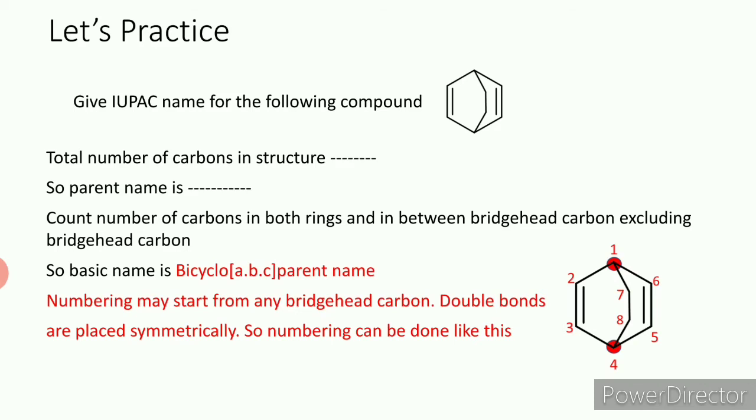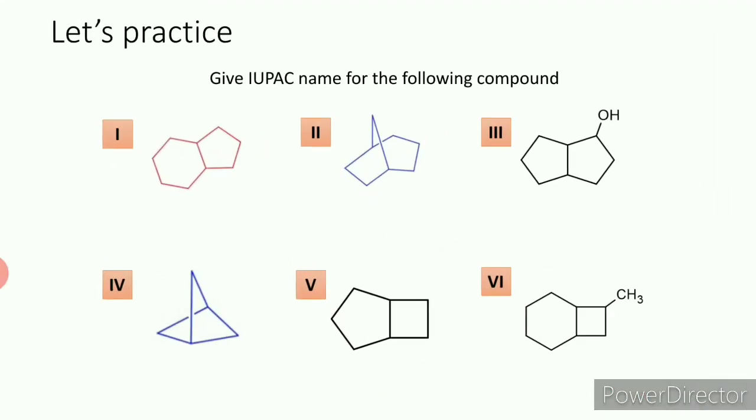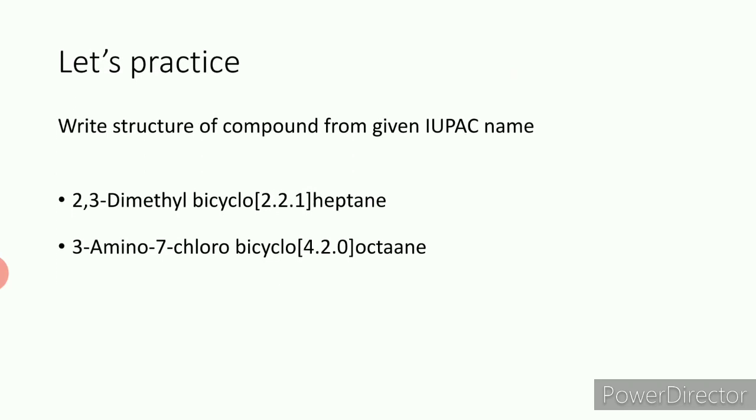So the name of this compound is bicyclo 2.2.2 octa-2,5-diene. Here I have given a few structures for practice. Try to name these compounds. You should also be able to draw structures from a given IUPAC name.